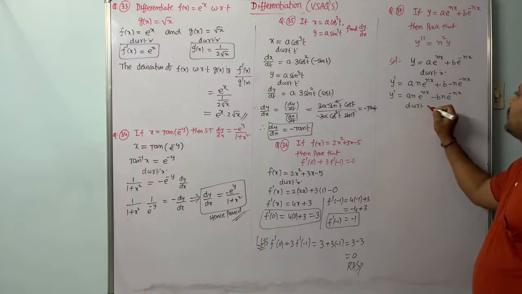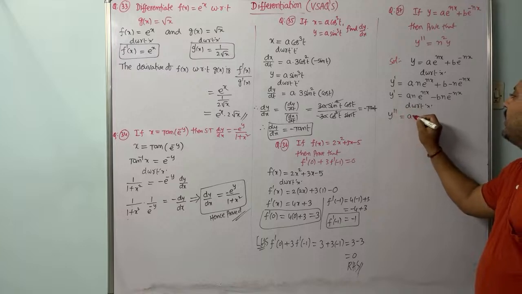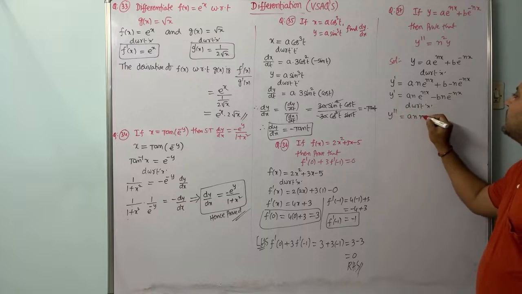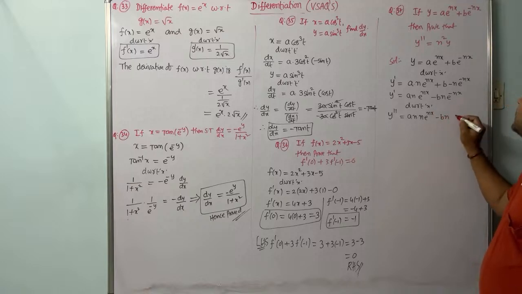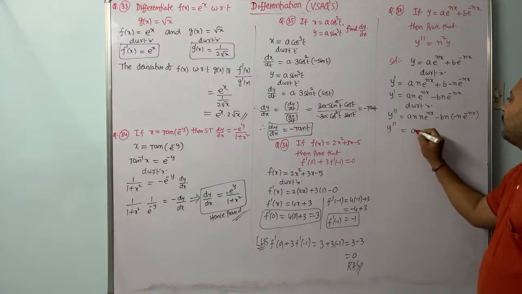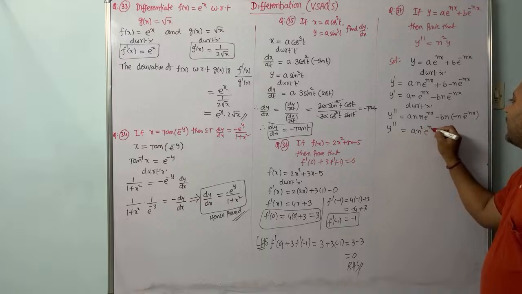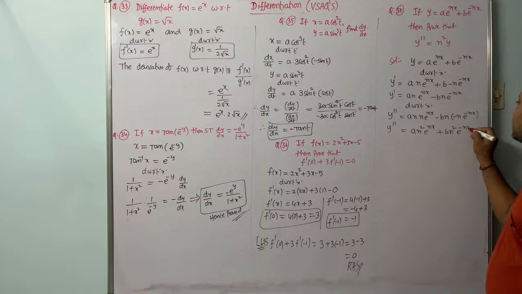Differentiate with respect to x. So y double dash equal to a n into n e power nx minus bn into minus n e power minus nx. So y double dash equal to a n square e power nx plus b n square e power minus nx.